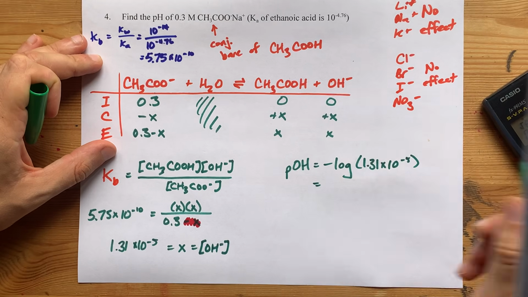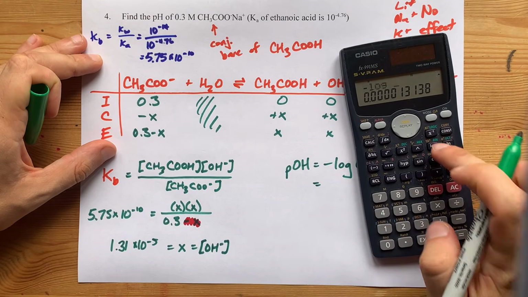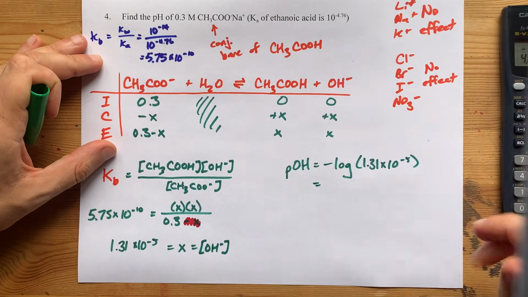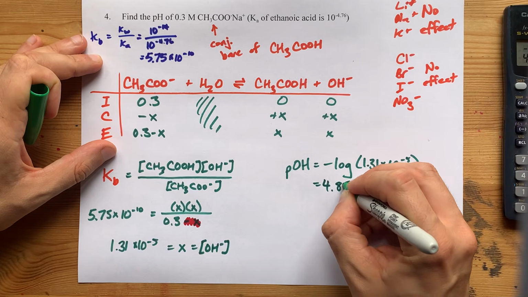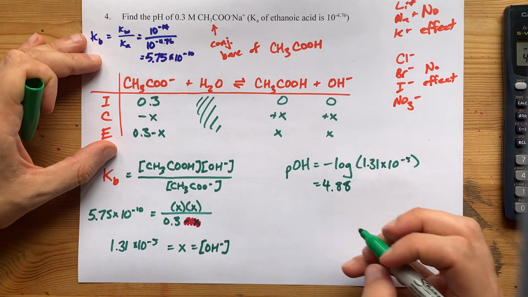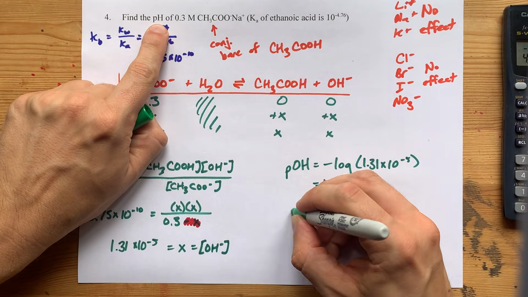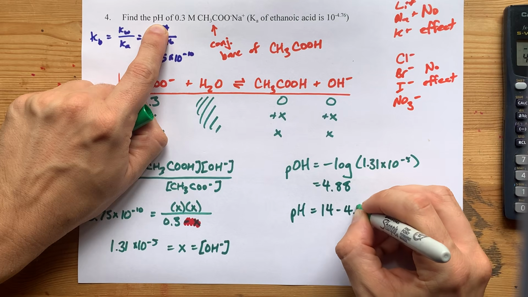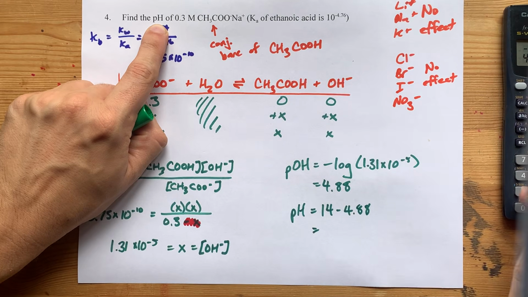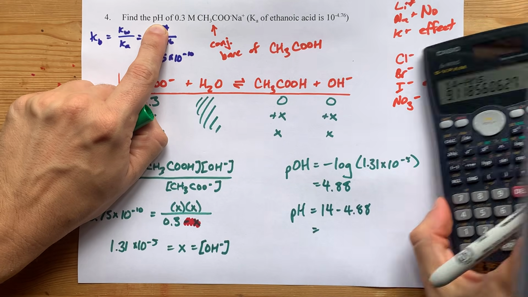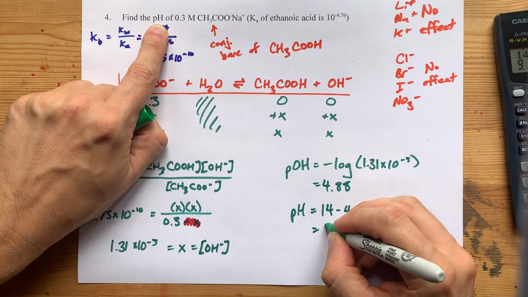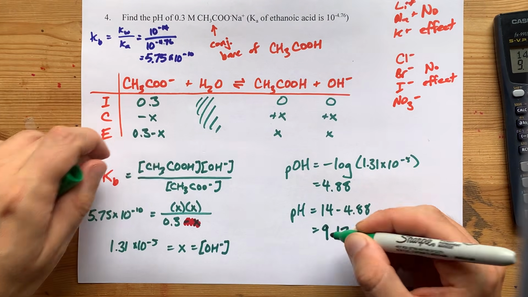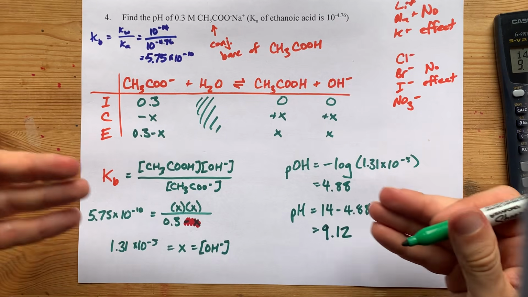Negative log of that: 4.88. And don't forget, that's pOH. So the pH is 14 minus that answer, 9.12. Still basic, but not particularly basic.